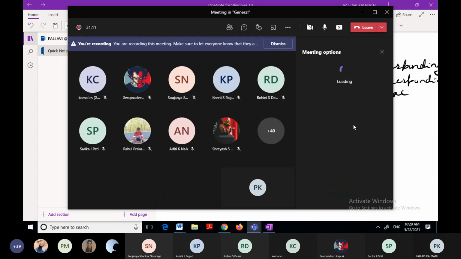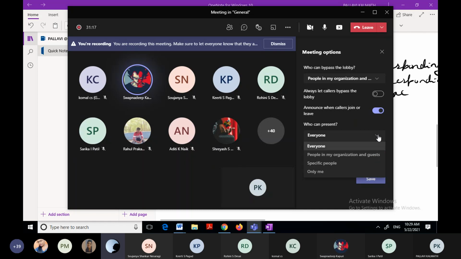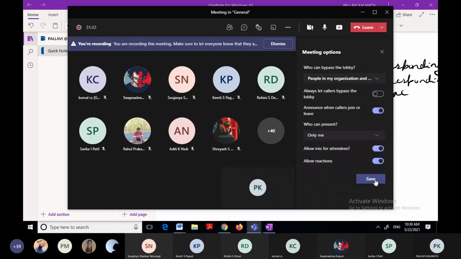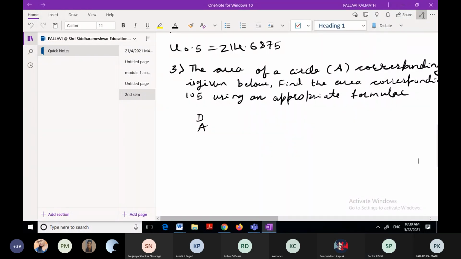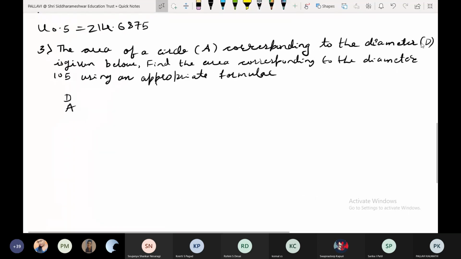Okay. Can you hear me now? Yes, ma'am. Okay. So you can see the screen now. Have you noted the question? Okay, so area of the circle A corresponding to the diameter D is given below. Find the area corresponding to the diameter 105 using the appropriate formula.